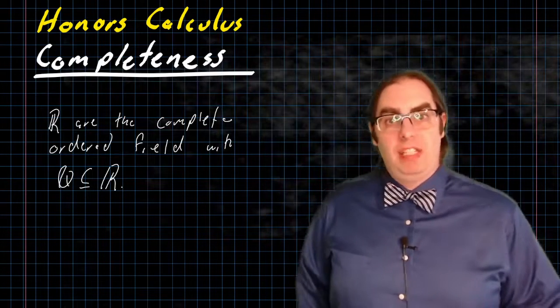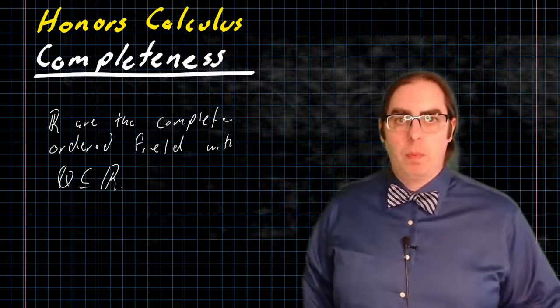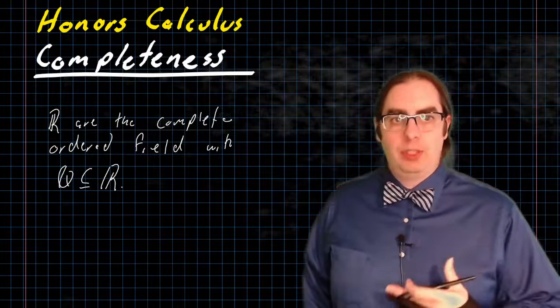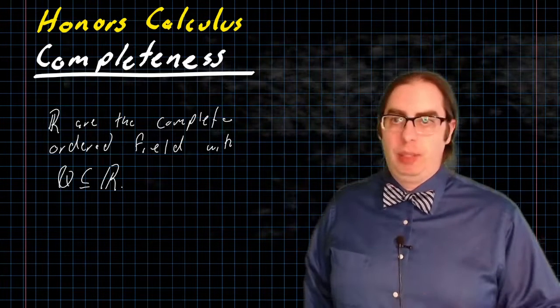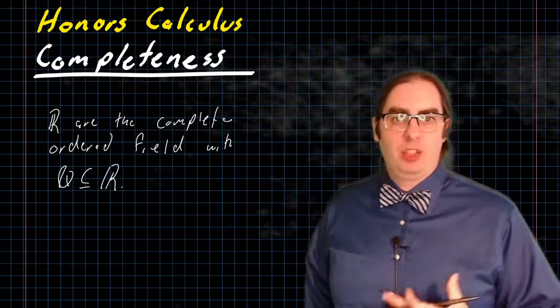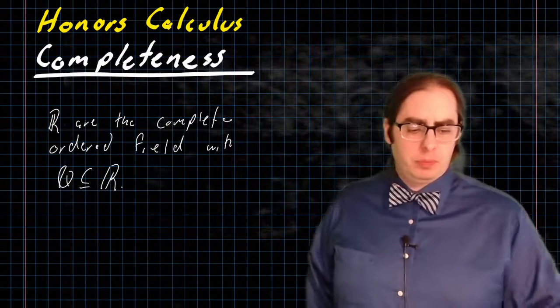That is the definition of the real numbers. We looked at building up the natural numbers, the integers, the rational numbers. We talked about the fact that there's this weird jump between the rational numbers and the real numbers.